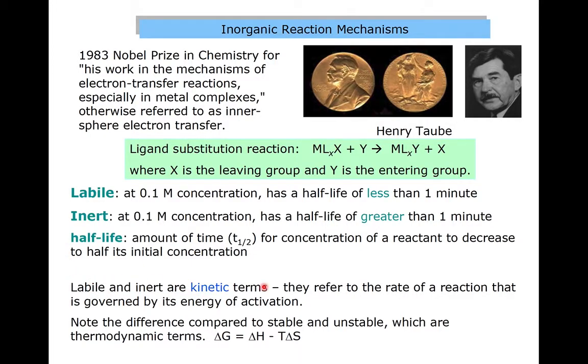Labile and inert are kinetic terms. They refer to how quickly a reaction happens, in this case how quickly we are exchanging ligands at the metal center. Note that this is different from stable and unstable, which are thermodynamic terms that tell us whether the reaction will be exothermic or endothermic.